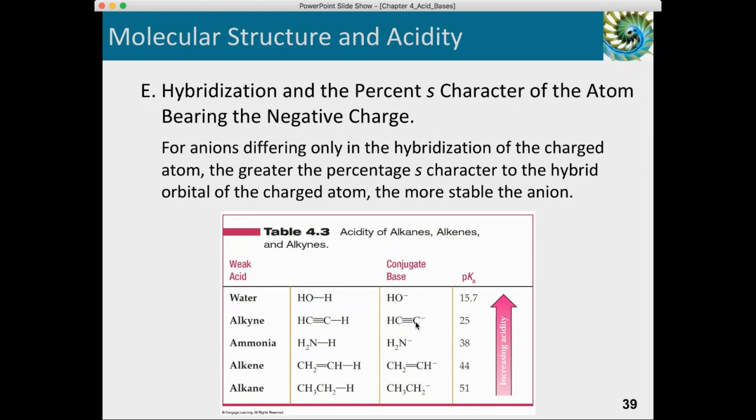So when you need to compare acidity of organic molecules, if the negative charge is over an atom and the only factor in between these atoms that you're comparing is the hybridization in each one of them, you will use effective electronegativity as a factor.